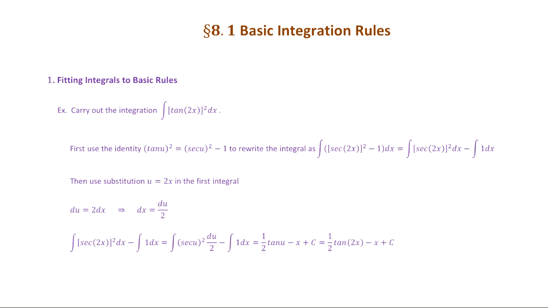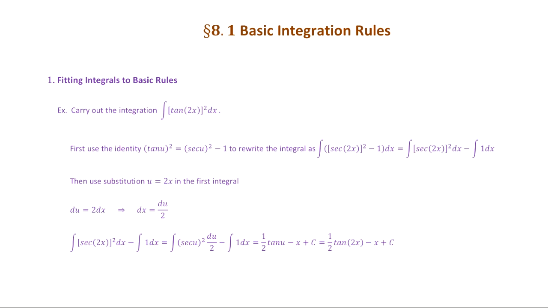So every time you have some constants or some coefficient multiplying the x, you need to use substitution. Okay, always. So take the differential of u, you get du equal to 2dx, divided by 2 on both sides, you get dx equal to du over 2.